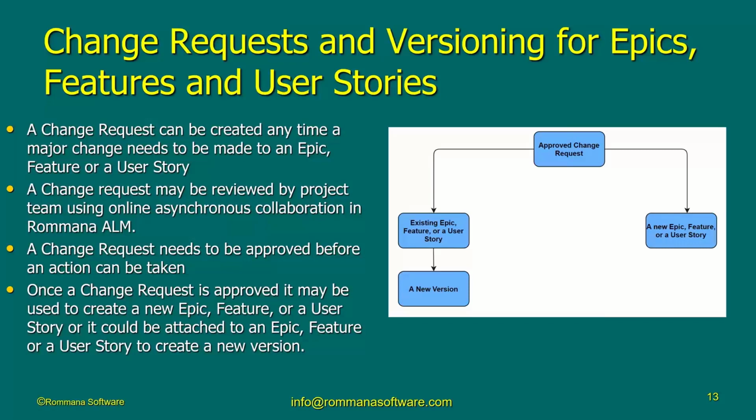When a product owner or a scrum master or a project manager looks at the change request, they might say, well, this actually is a minor change to an existing epic or a feature or a user story. So let's create a new version of that feature or user story.